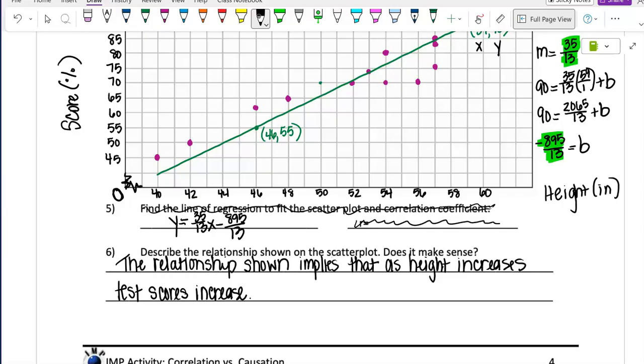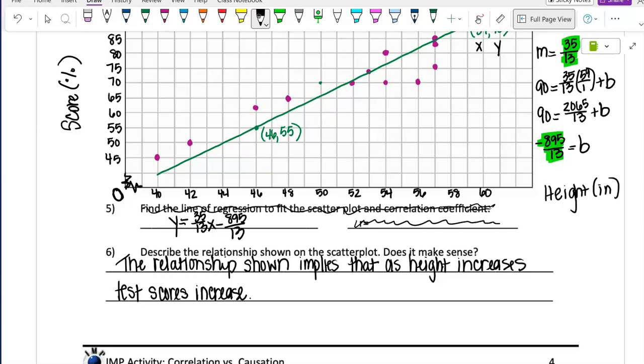And does that make sense? Do we think that someone's height is causing them to have better test scores? And I believe we talked about earlier that there is a possible third variable, which we will get back to.